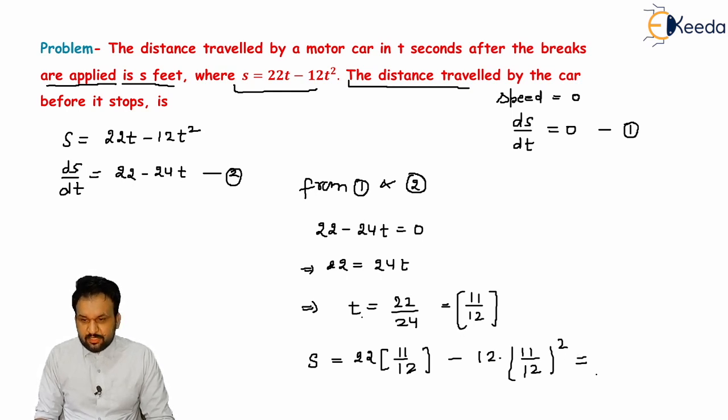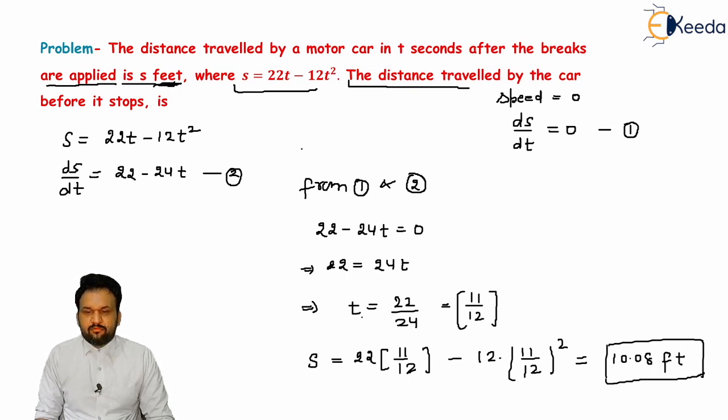So the result will become 10.08 feet, because the distance is given to you in the form of feet. So this is your required result. I hope you understand the concept of this question, how easily we can find some rate of change. Okay, so let's move to the next question.